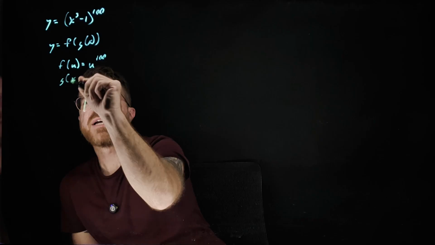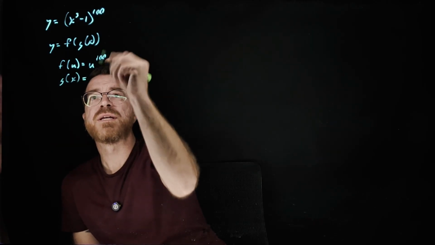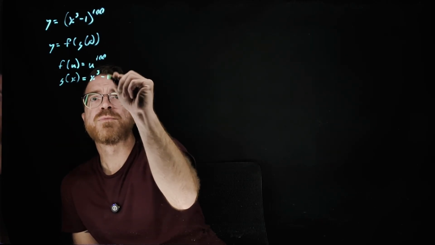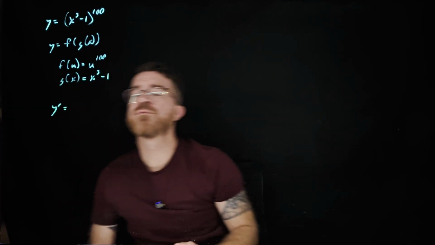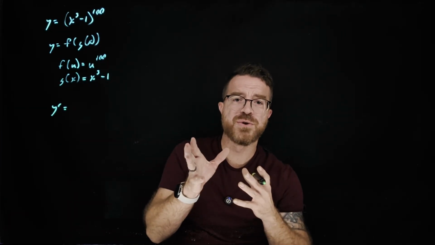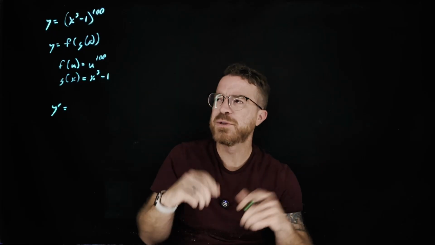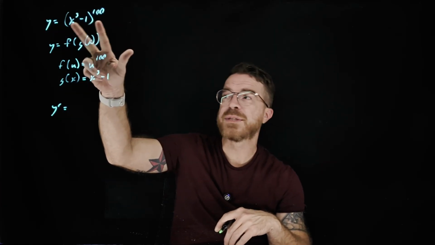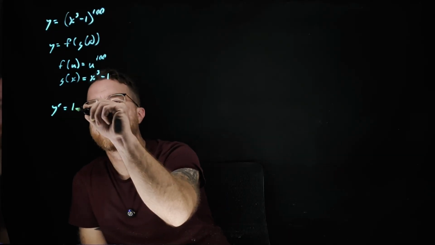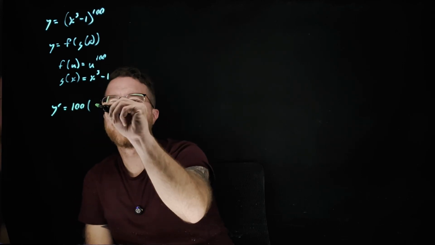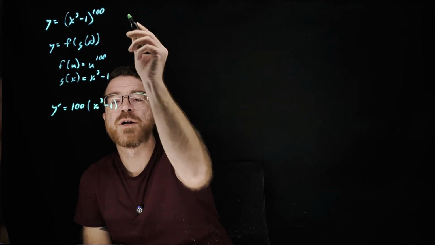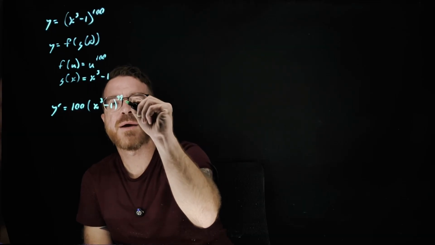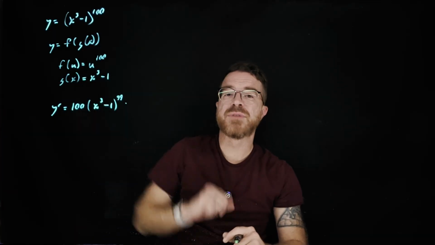And then our g of x, our inside term, is going to be equal to x cubed minus 1. So when we take this derivative, I'm just going to jump straight into solving it the way that you all will probably solve it, which is take the derivative of the outside, so bring the 100 down, leave the inside alone, x cubed minus 1. 100 minus 1 is going to be to the 99th power, and then times the derivative of the inside.